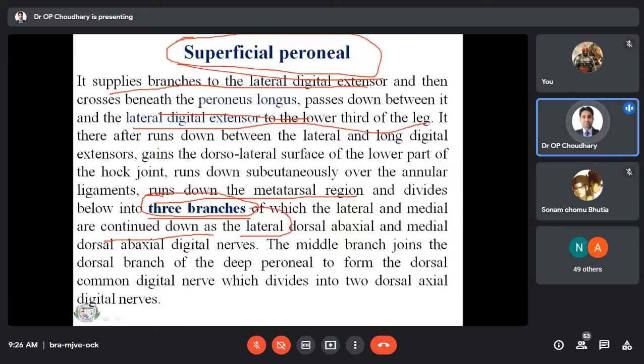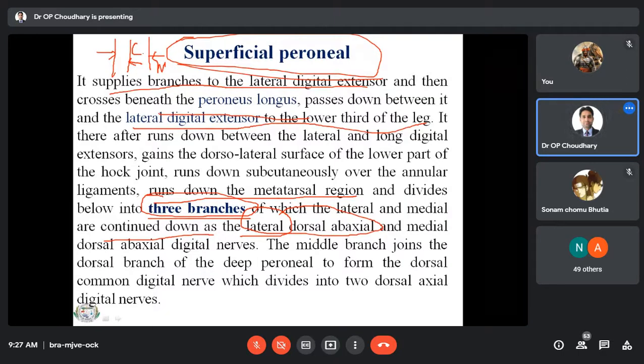One is the lateral dorsal abaxial, so you can make it three branches: 1, 2, and 3. One is the lateral, one is the medial branch, and one lies between these two, which will form the common nerve at the level of the digits.